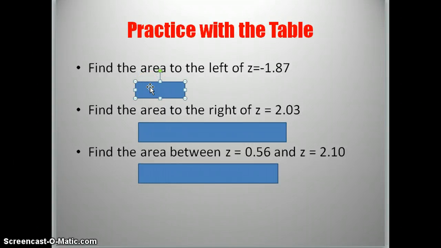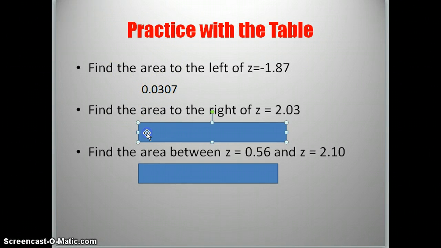Now if you found that area correctly, you would find that you're just getting the area directly from the table, 0.0307. And again, it's because we're finding the area to the left, that is the area that the table is giving you.